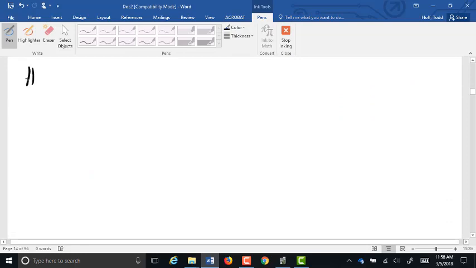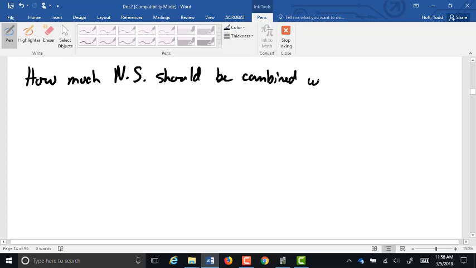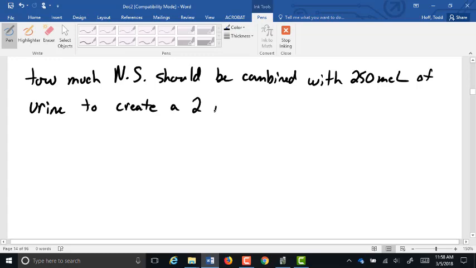So we might be asked, how much NS should be combined with 250 microliters of urine to create a 2 in 9 dilution.